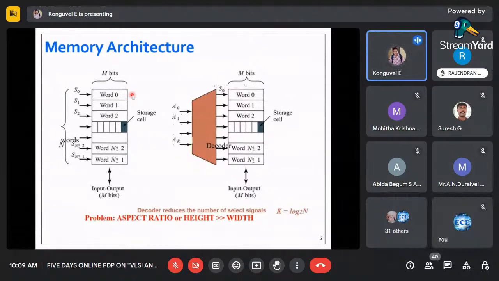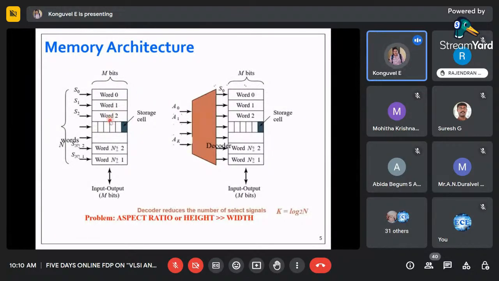So how are we accessing it? We will be accessing every word by using select lines. For example, if we assume we have 16 words, we need 16 select lines. For selecting each word, we need to access the word cell to access all the 16 bits.